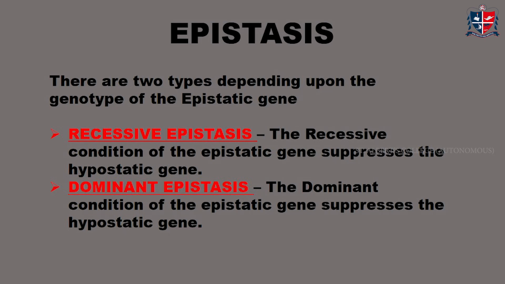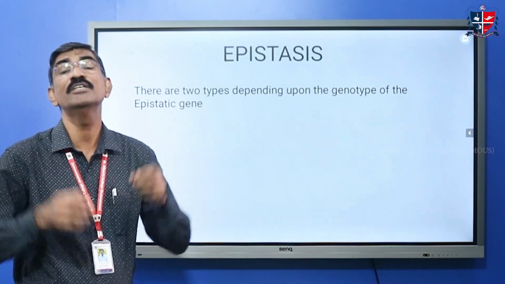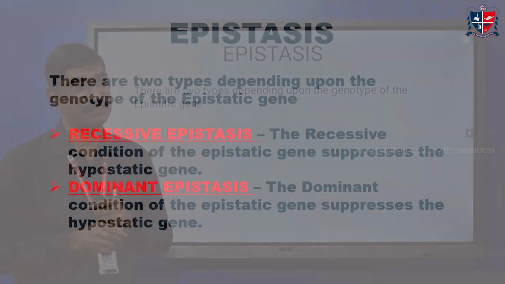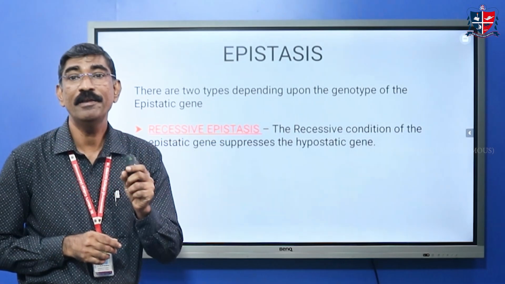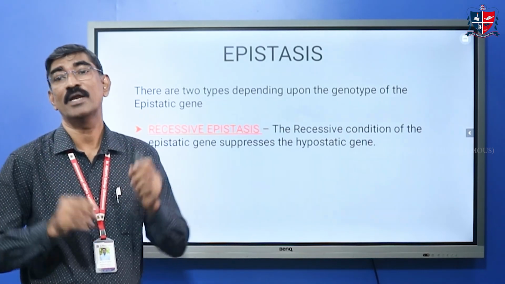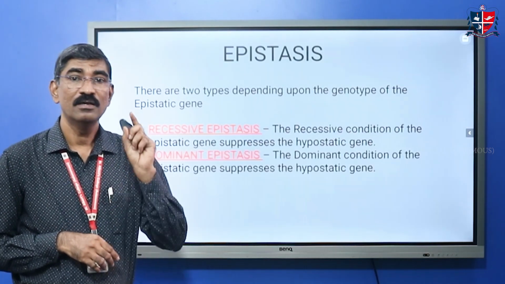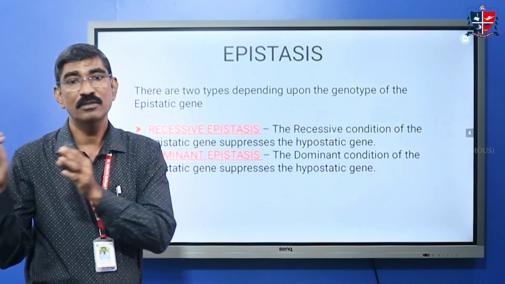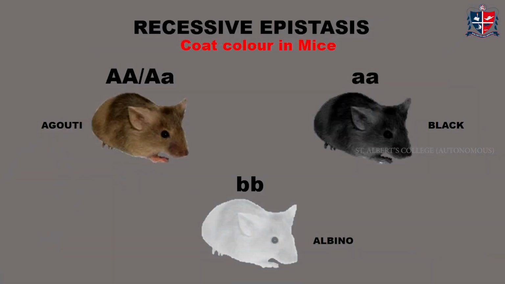Based on the condition of the epistatic gene, you can have two different types of epistasis. The first one is dominant epistasis, wherein the dominant condition of the epistatic gene will suppress the hypostatic gene. Whereas the second is recessive epistasis, wherein the recessive condition of the epistatic gene will suppress the expression of the hypostatic gene.